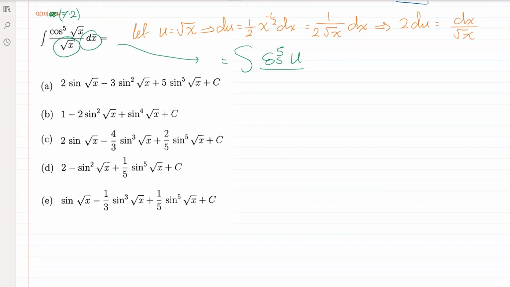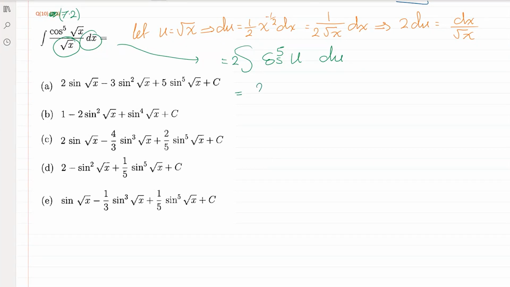So dx over root x will be du here. Okay, let me write it in green: du, and the 2 is outside. I will put the 2 outside. Is that clear? Yes, it's clear. Till now, is it clear to all of you, Shabab? Yes, doctor. Good.